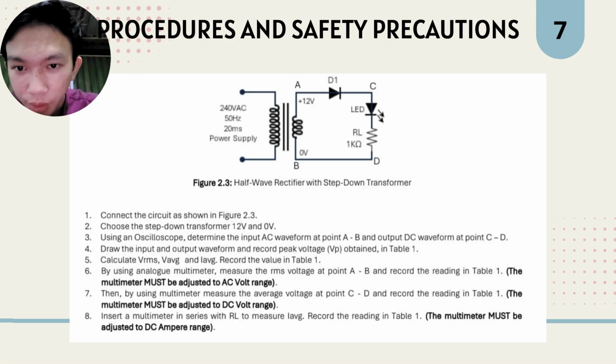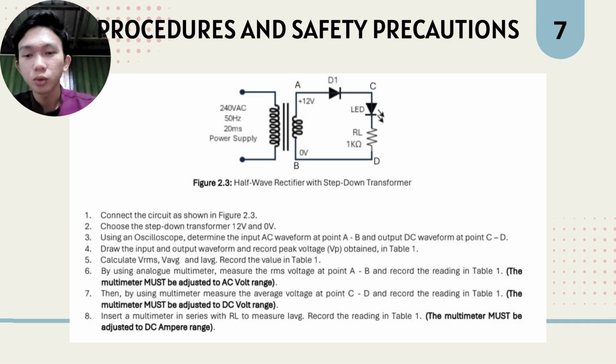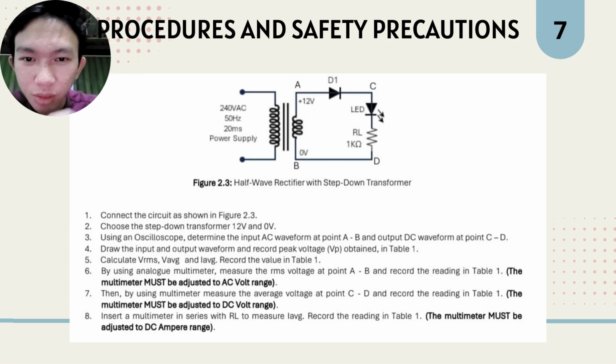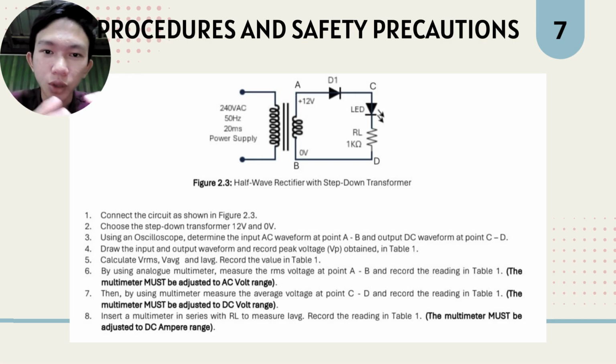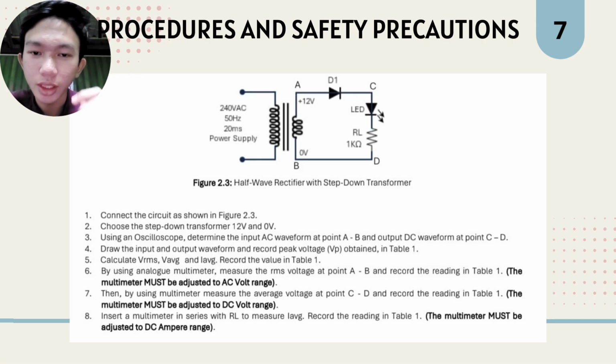First, choose the step-down transformer 12 volt and 0. From the socket, we need to use the transformer first, and then the supply from the transformer goes to diode 1, LED, RL, and back to the transformer.